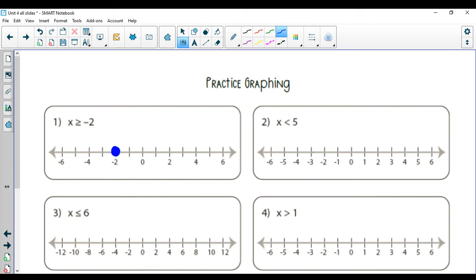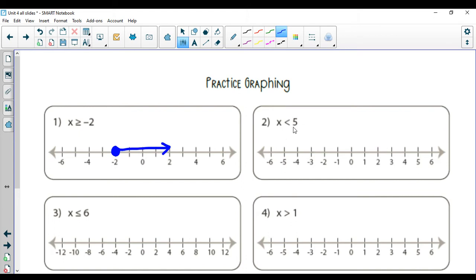So I'm going to put a closed circle on -2. Because x is greater than this, it would mean that x could be any value that's greater than or larger than -2. So I'm going to be shading up to the right and put an arrow on the end of it to show that it continues going in that particular direction. Your arrow does not have to extend all the way down to the end of the number line.